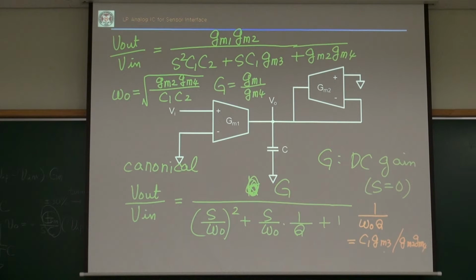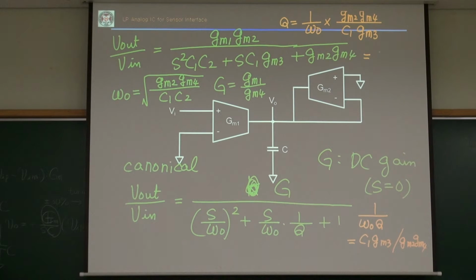So if I substitute the omega 0 there, my Q will be 1 over omega 0 times GM2 GM4 divided by C1 GM3. What's omega 0? Yeah, I can substitute this thing there, right? Square root C1 GM3, C1 C2.